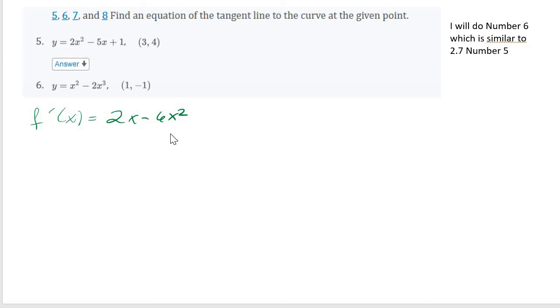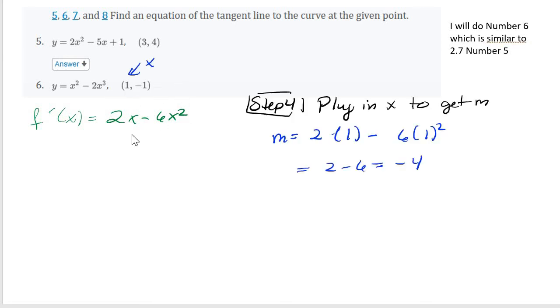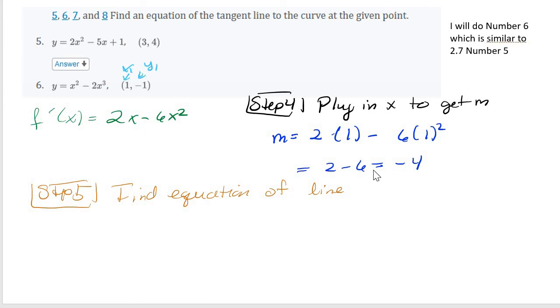If I want the slope of the tangent line, I just take the x value, which is 1, and I plug it into this derivative formula. So I plug in for x, 1, and I get -4. That's my slope. Now I find the equation of the line. I'm big on labels. This is x1, this is y1.